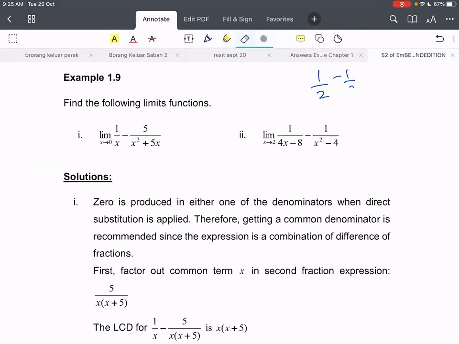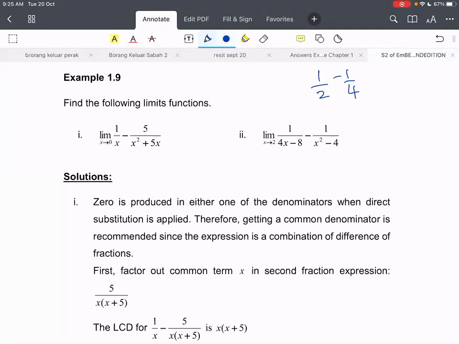Okay, I don't want this. Let me change it. Sorry, I changed the question. So how can you solve this? You need to get a common denominator. Common denominator is samakan penyebut.